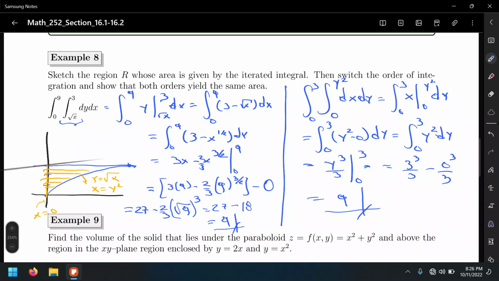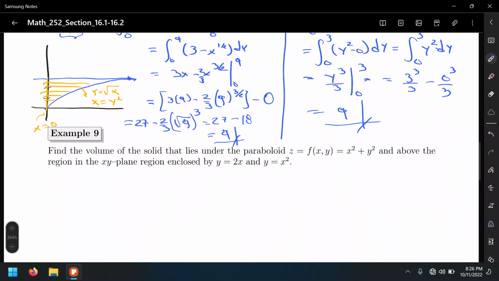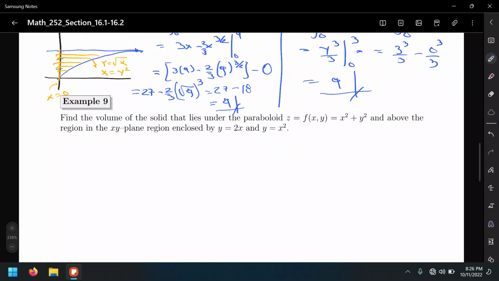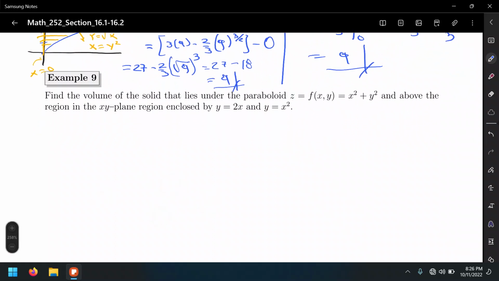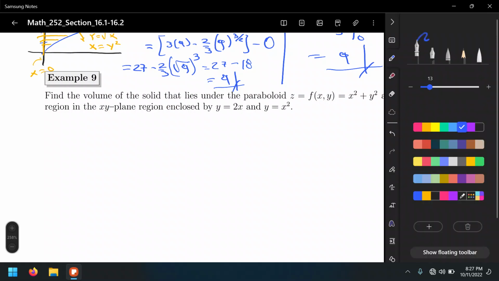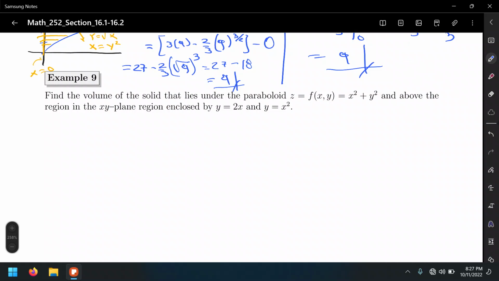All right. So find the volume of the solid that lies under the paraboloid z equals f of x, y equals x squared plus y squared, and above the region in the xy plane enclosed by y equals 2x and y equals x squared. All right. So this time, our double integral will no longer just have a 1 in the integrand.